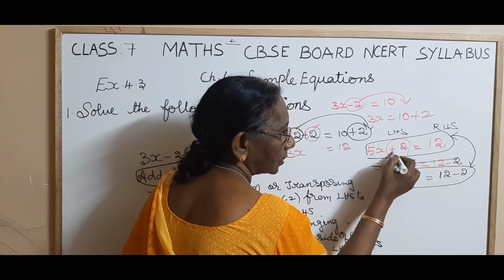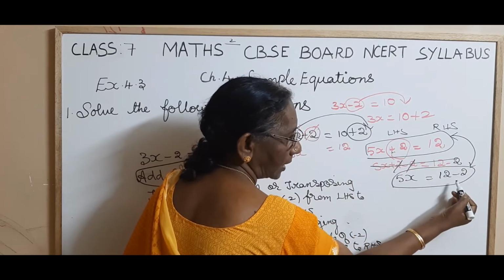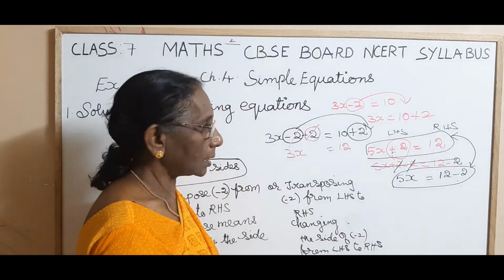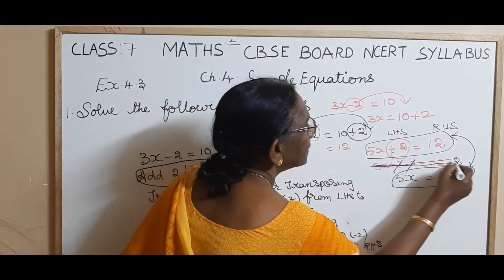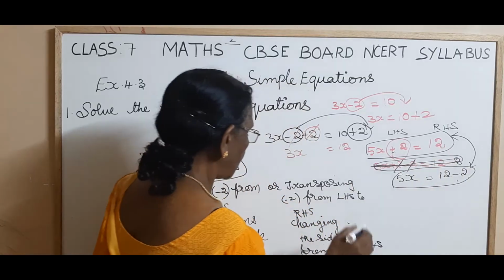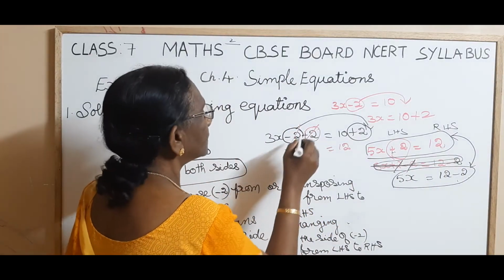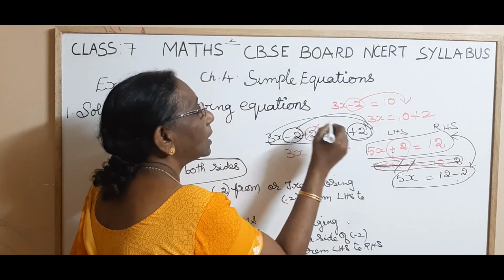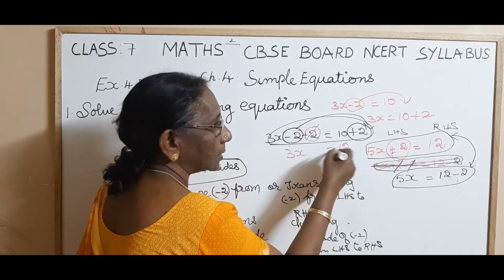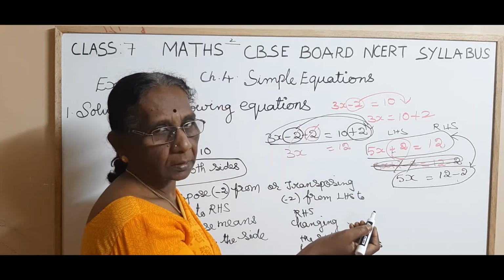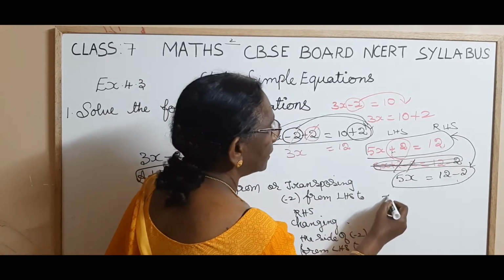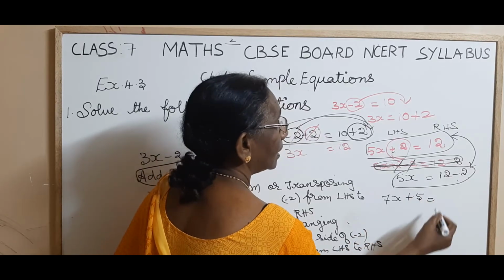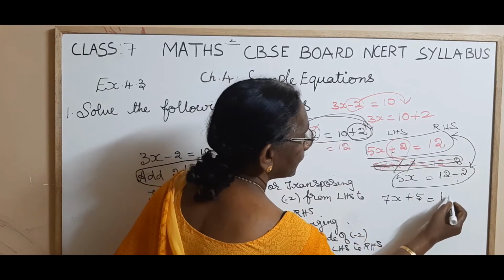Here it is plus 2; when you change the side, here it is minus 2. Is it clear, children? So, to cut short this step, we are applying transposing. Suppose you have 7x plus 5 is equal to 12.